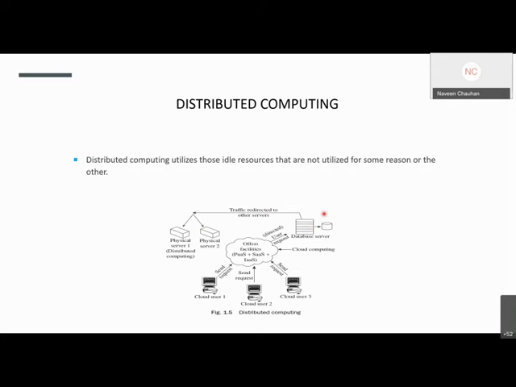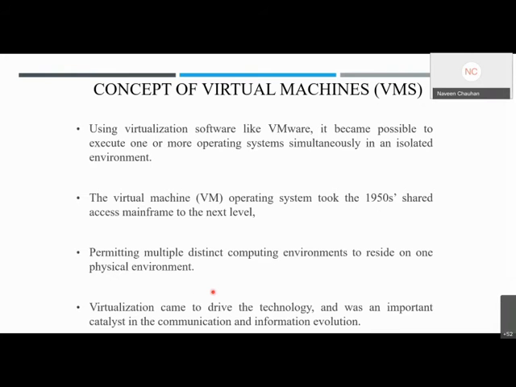So what we do in distributed computing is redirect the traffic to other servers, so that they can get the benefit of the freely available services, and so that they can get access to the desired request very easily and very quickly. So this will give you an idea of the distributed computing environment that we have utilized.